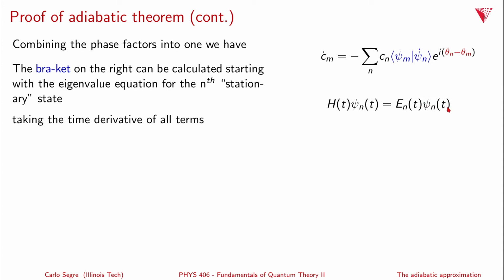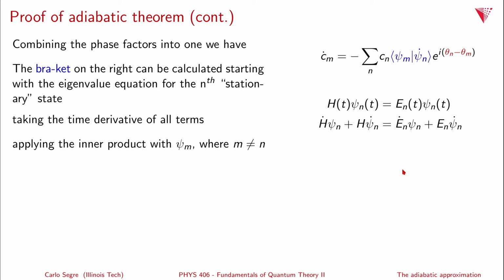If we take the time derivative of all these terms, we have H dot psi sub n plus H times psi sub n dot equals E sub n dot psi sub n, and then plus E sub n psi sub n dot. What we're interested in is finding out what psi sub n dot is.